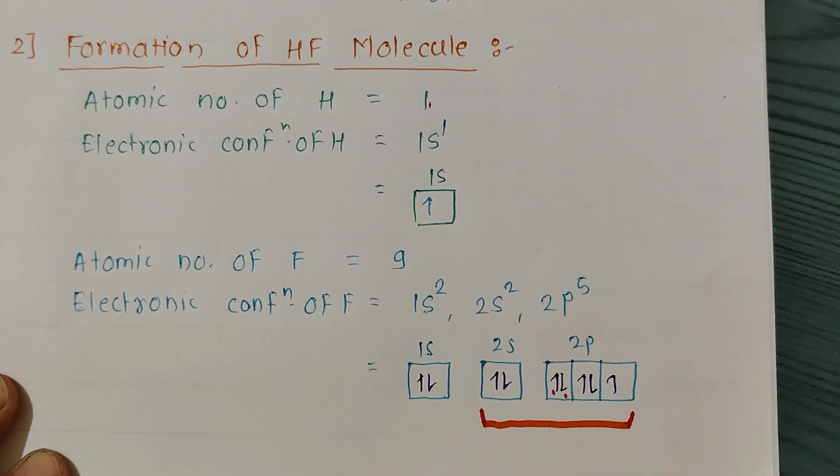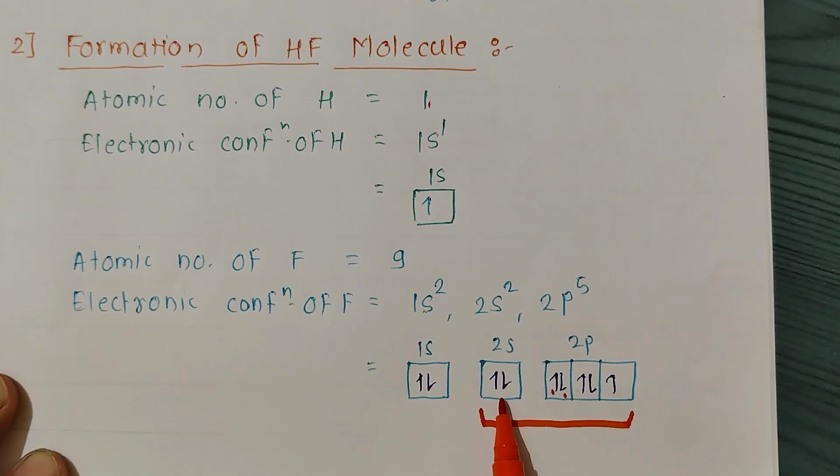the outermost shell, in the outermost shell total 2 plus 2 is 4, plus 2 is 6, and 7 electrons are present in the fluorine atom. When we consider this 2s orbital and the first 2p suborbitals, we can see here 3 pairs of electrons are present.